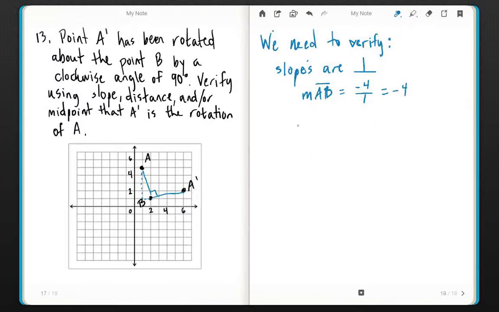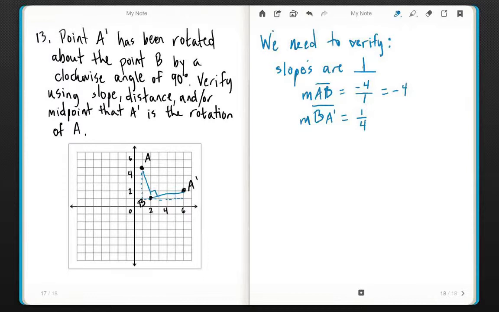Then I find the slope from B to the transformed A. That's a rise of 1, and in the x direction I go from an x of 2 to an x of 6, a change of 4. So the slope from B to the rotated A is 1/4.